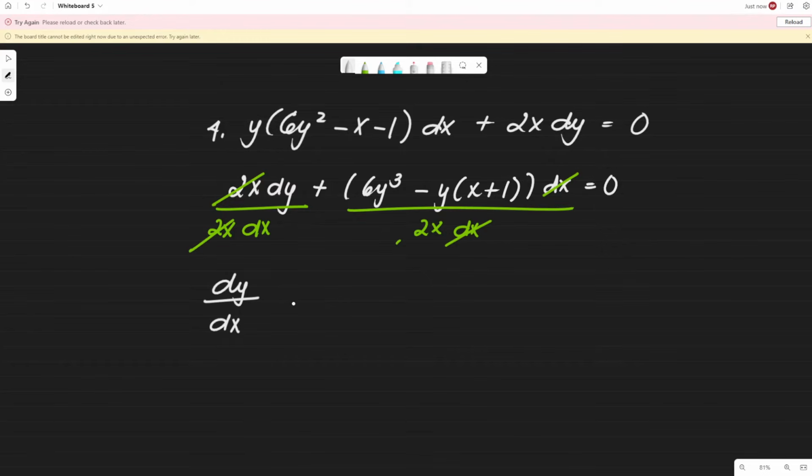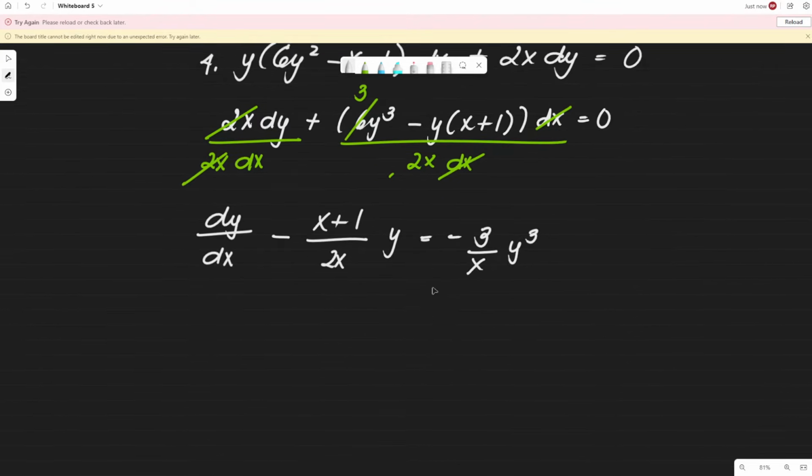So we have negative x plus 1 over 2x times y is equal to, here it becomes just 3, so we have negative 3 over xy cubed.